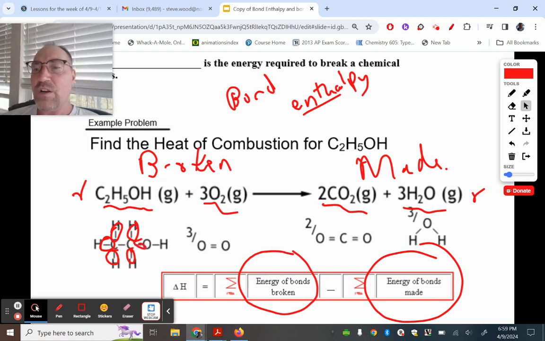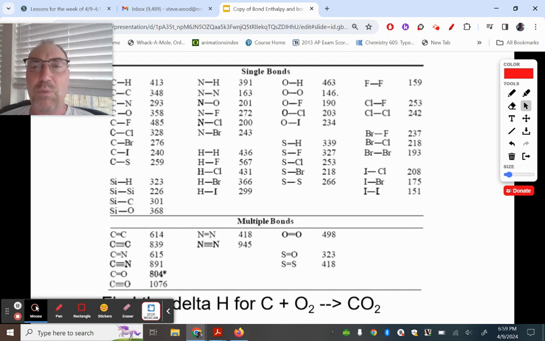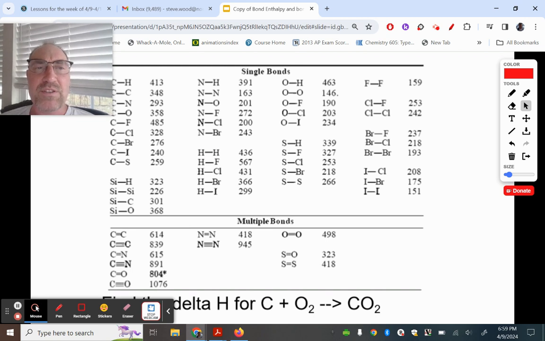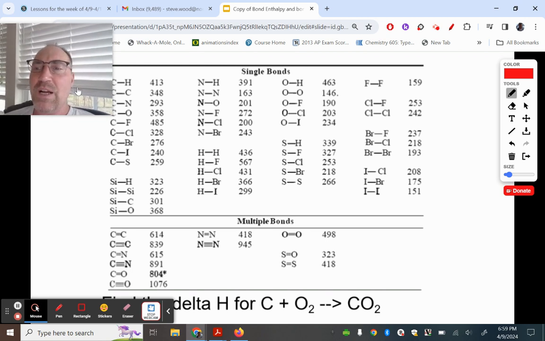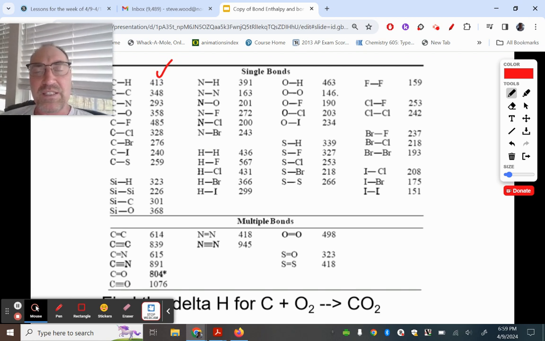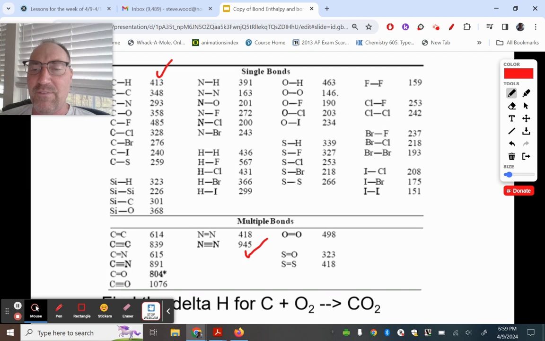Let me show you this cool chart that tells you exactly how much energy for each of them. This is just found in your book. This is found in these notes. This is found everywhere. Okay, so to break a single bonded C-H bond, it's 413 joules. I think it's kilojoules, actually. Yeah, it's kilojoules. And to break, look at this, an N triple bond is 945 kilojoules.